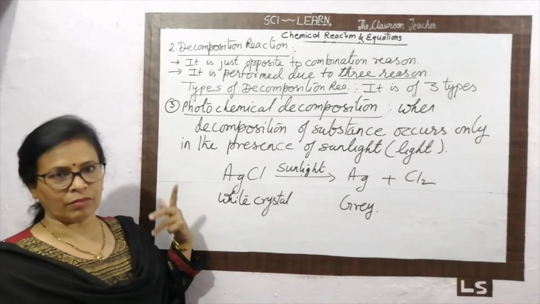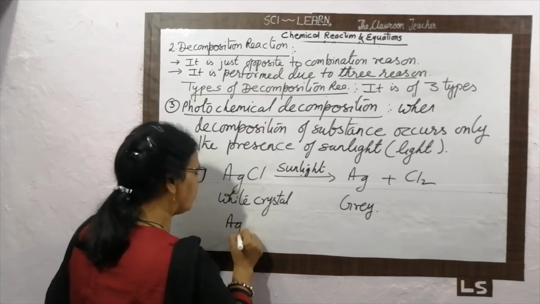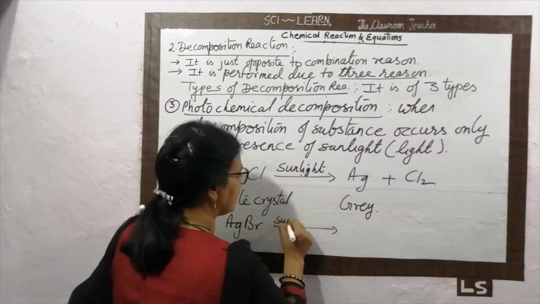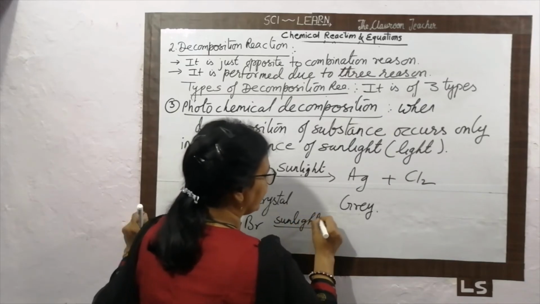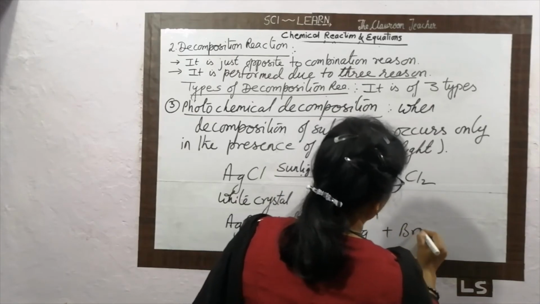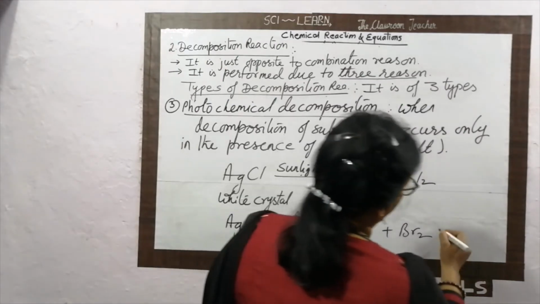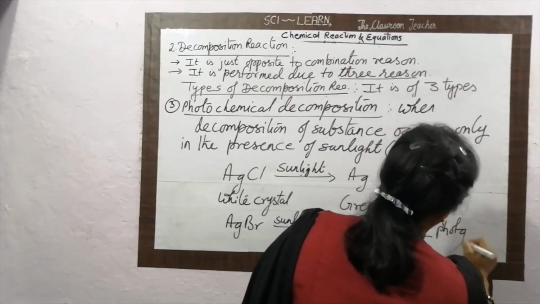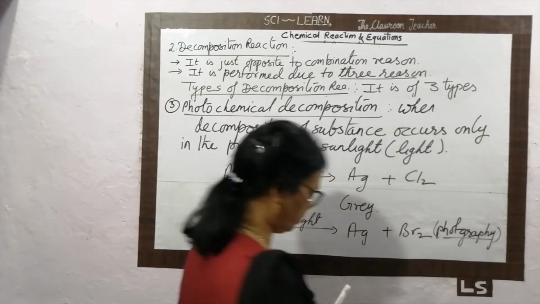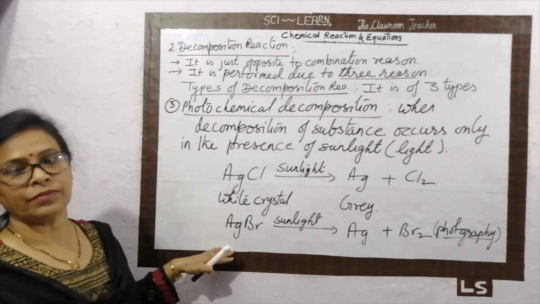One more process is there. We are going to balance it further. Silver bromide in the presence of sunlight gets converted into silver and bromine. And this process is used in photography. In earlier days, when the photographers used the technique to develop the negative, then they convert the negative into positive, this chemical is very much needed.